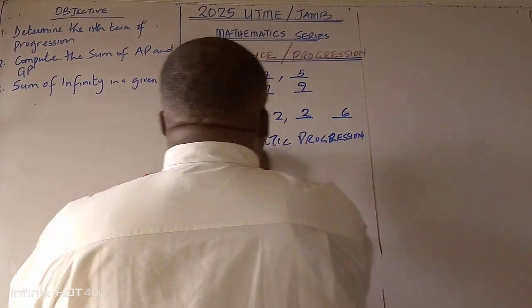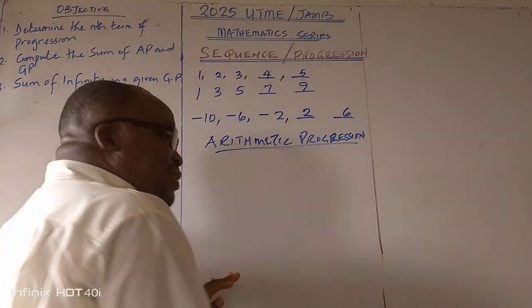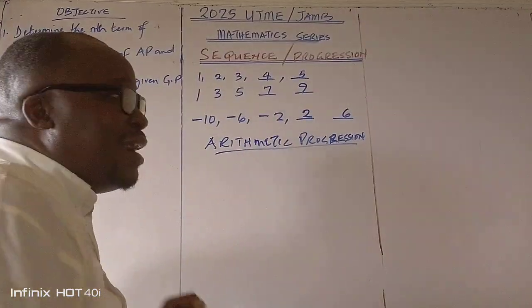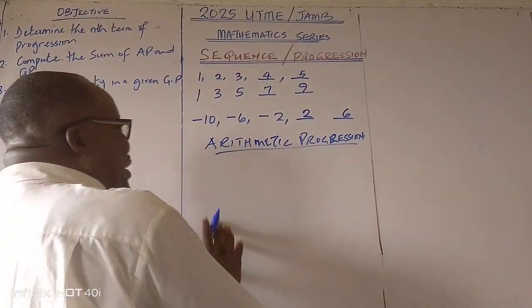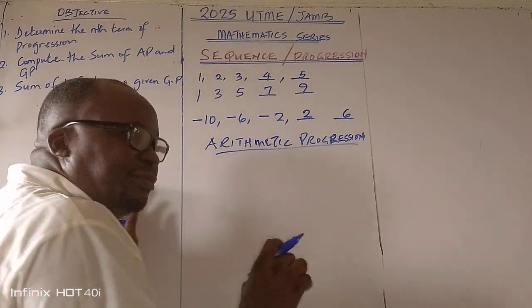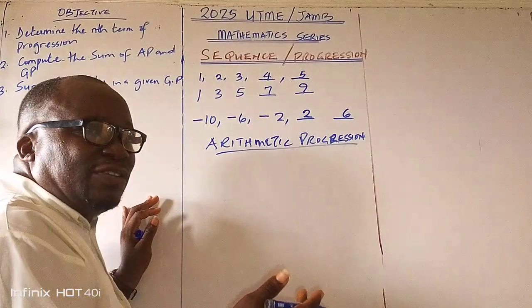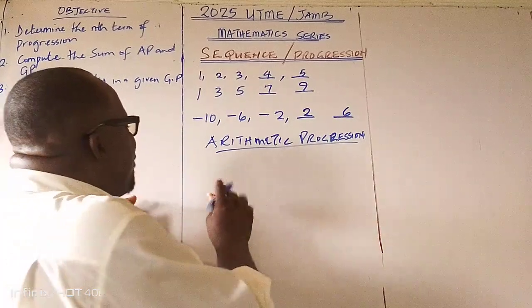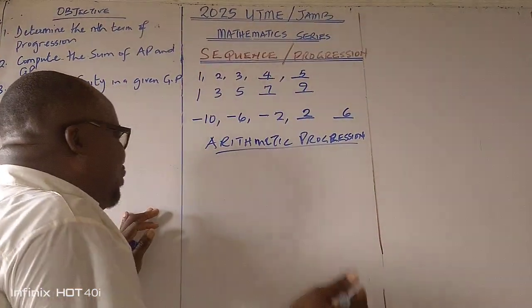This is a case where a series or an array of numbers follow a definite pattern, either by direct addition of a particular number, or direct subtraction of a particular number. That number is therefore called the common difference.